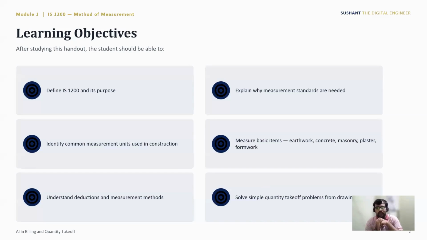Okay, so what are the learning objectives for IS 1200 methods of measurement? After studying the handout, you will be able to define IS 1200 and its purpose, identify common measurement units used in construction, understand deductions and measurement methods, explain why standard measurement standards are needed, measure basic items like earthwork, concrete, masonry, plaster, formwork, and solve simple quantity takeoff problems from drawings.